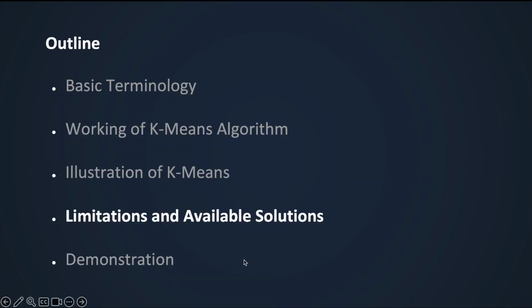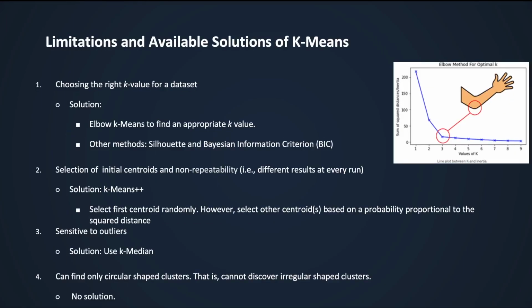Now we try to understand the limitations of the k-means algorithm and the available solutions to address those limitations. An open problem faced by the k-means algorithm is how to choose the right k value for a dataset.